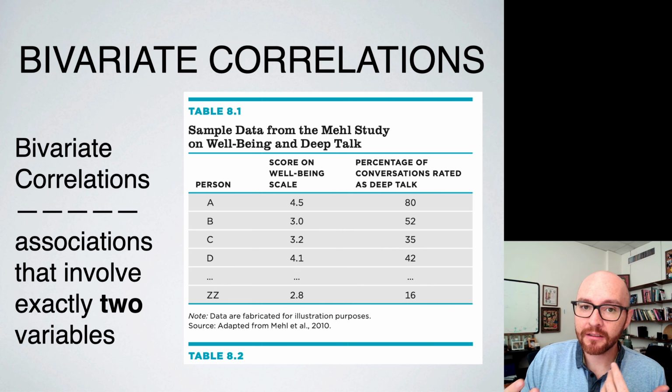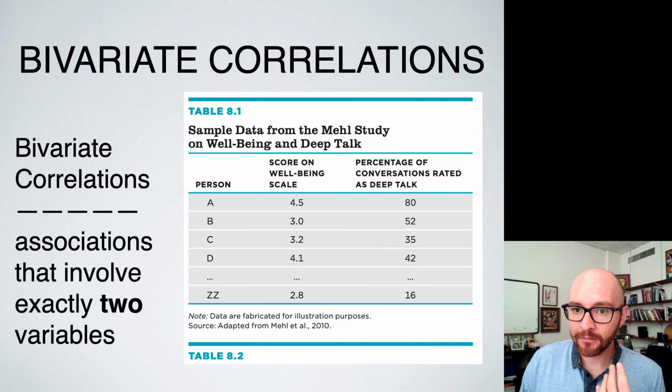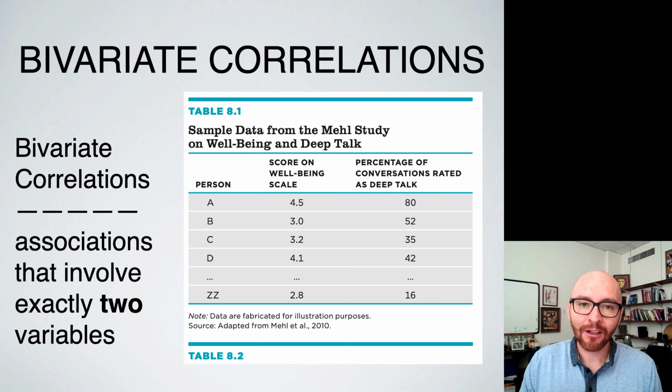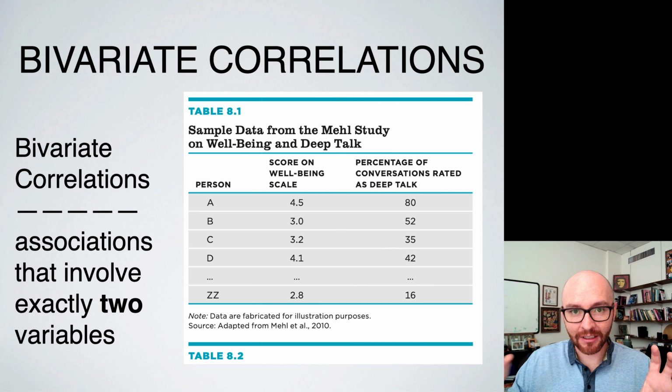But they did find a bivariate correlation: the more deep talk you're involved in, the higher the well-being score is. But because they can't claim causation, we don't know, is well-being causing more deep talk?